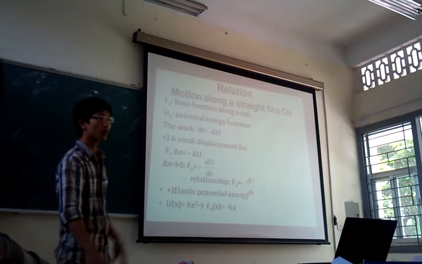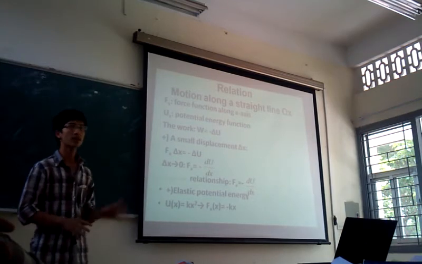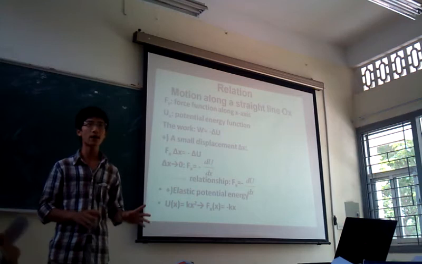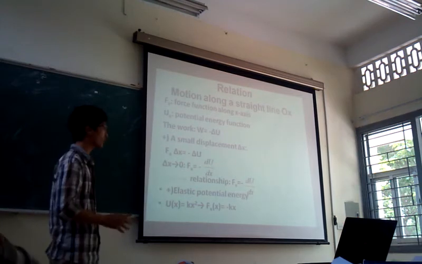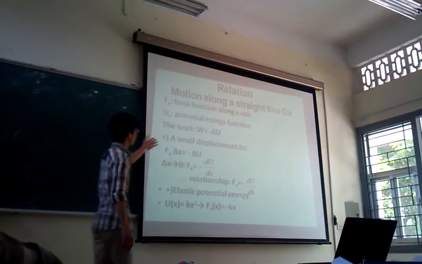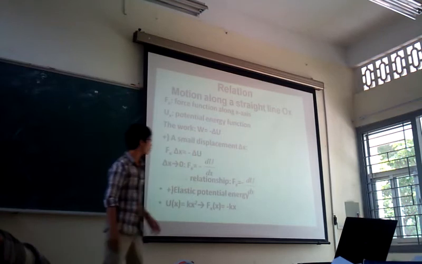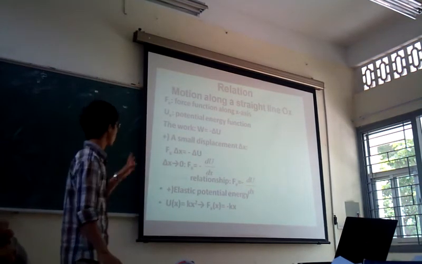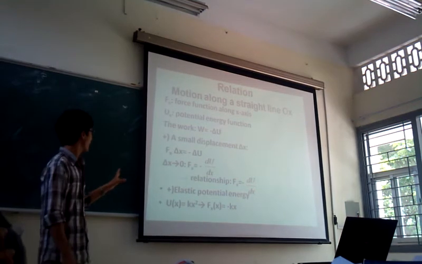We know that for any displacement, the work done by a conservative force equals the negative of the change in potential energy. So in this case, we have the formula W equals minus delta U. Now we consider a small displacement delta x.